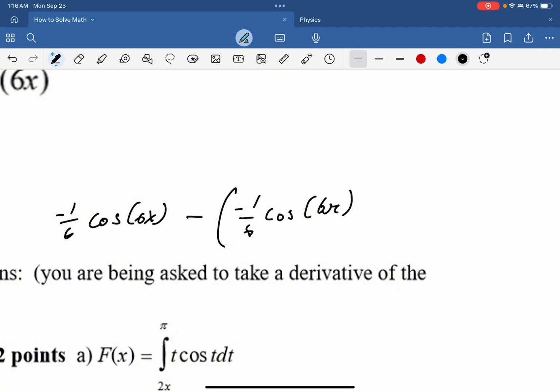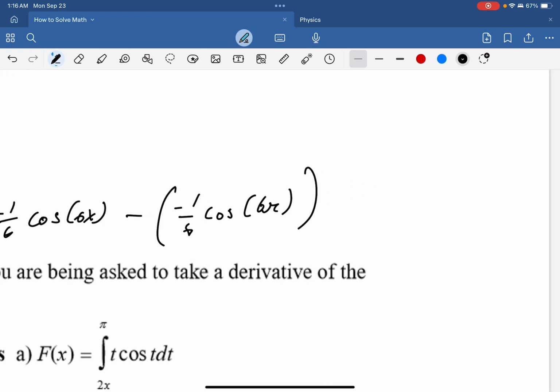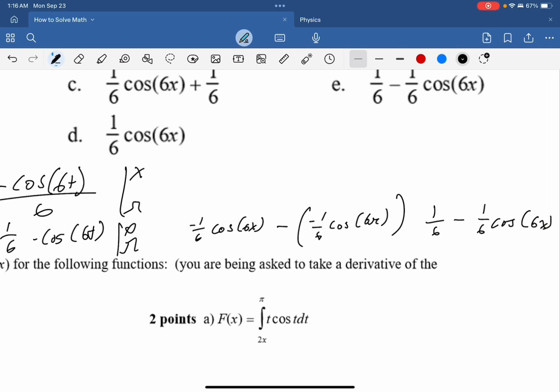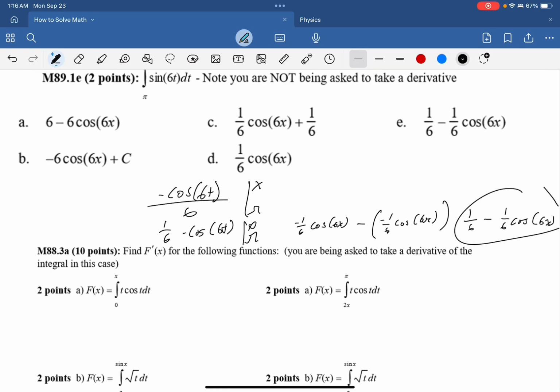So, right? I hope so. Yeah. So you could just rewrite this as, and because this ends up being positive, it's going to be 1 over 6 minus 1/6 cos of 6x, which is going to be your answer right here, E.